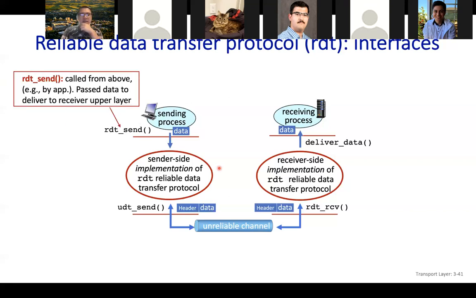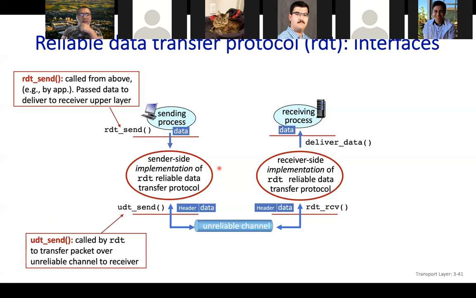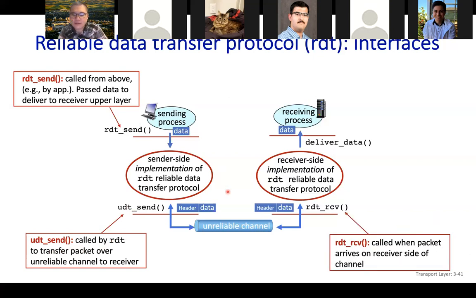Okay, so the RDT sender is called from above, for example the application level, to pass data to deliver to the receiver's upper layer. And the UDT sender is called by the RDT, right? Because this is a lower layer protocol called by the RDT to transfer packets over the unreliable channel to the receiver.